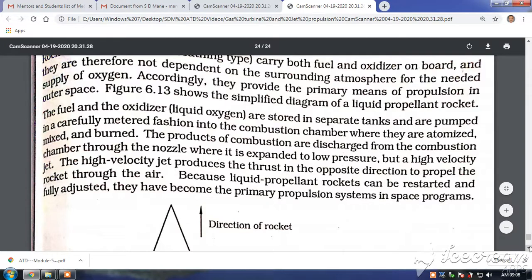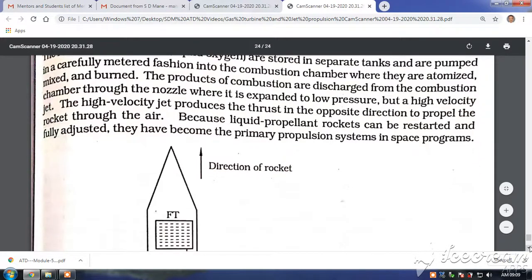The products of combustion are discharged from the combustion chamber through a nozzle where they are expanded to low pressure but a high velocity jet. The high velocity jet produces the thrust in the opposite direction to propel the rocket through the air. Because liquid propellant rockets can be restarted and fully adjusted, they have become the primary propulsion in the space program.